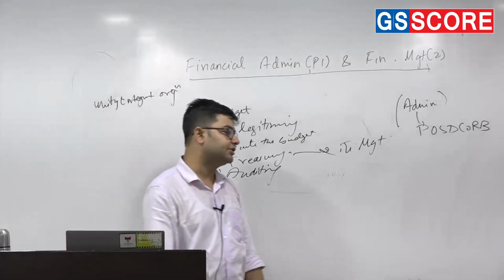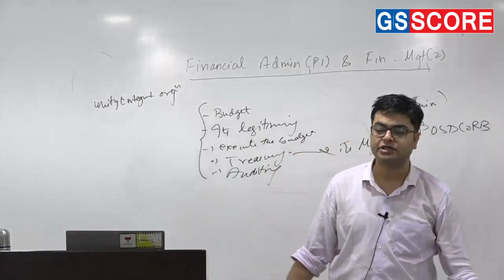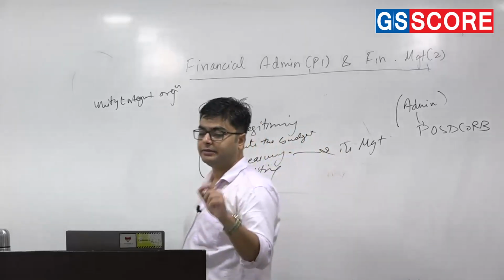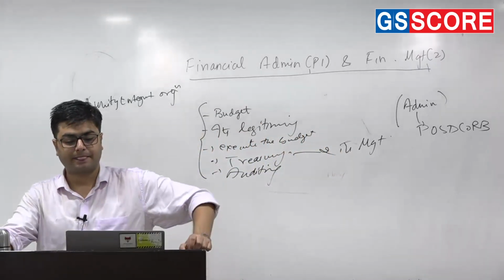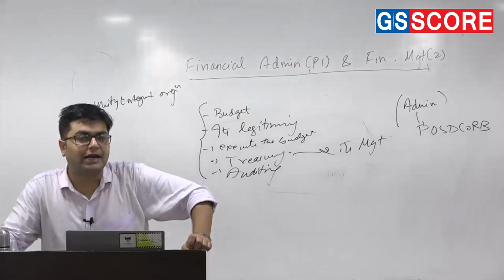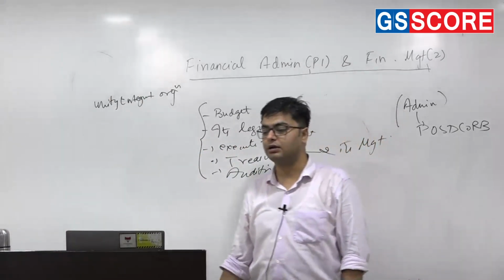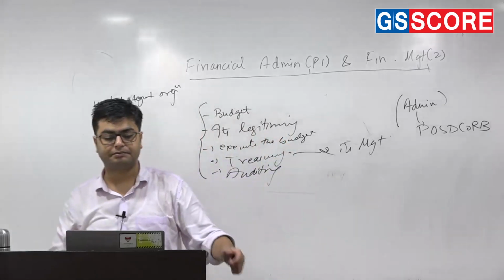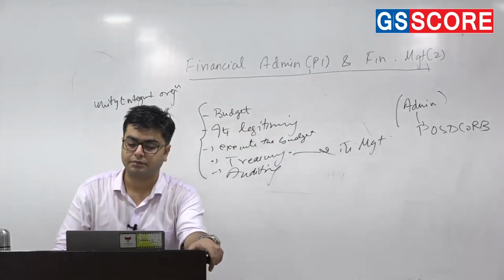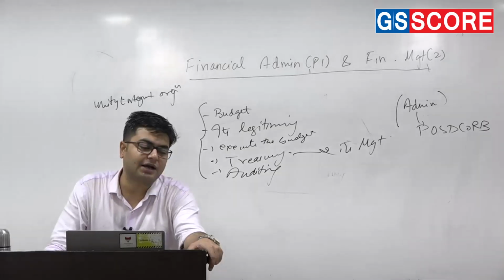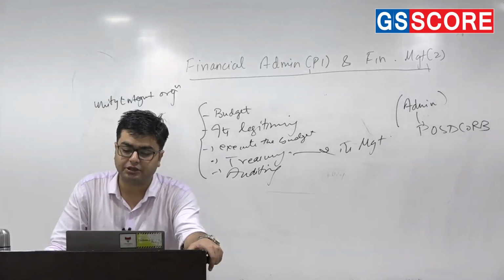Since it is administration, we are looking at efficiency, effectiveness, economy. Also, when we are looking at administration to serve public interest, it should be responsive, quick, simple. There is a regulatory angle which also comes into the picture.